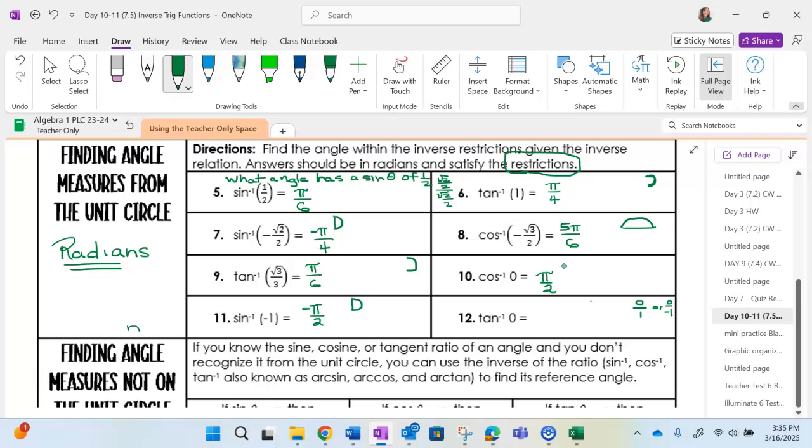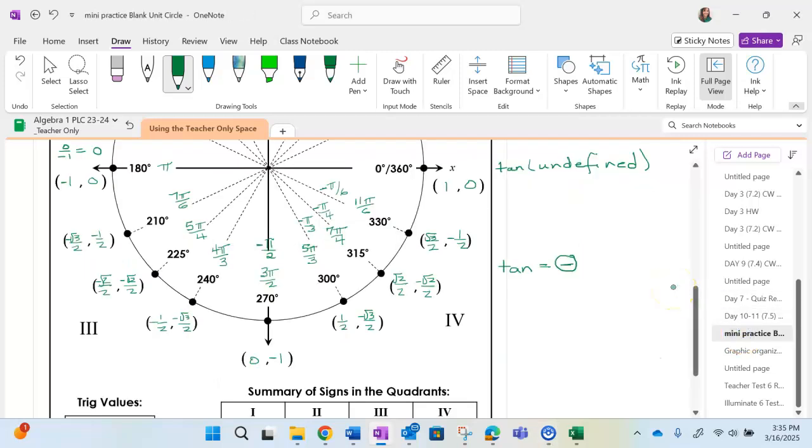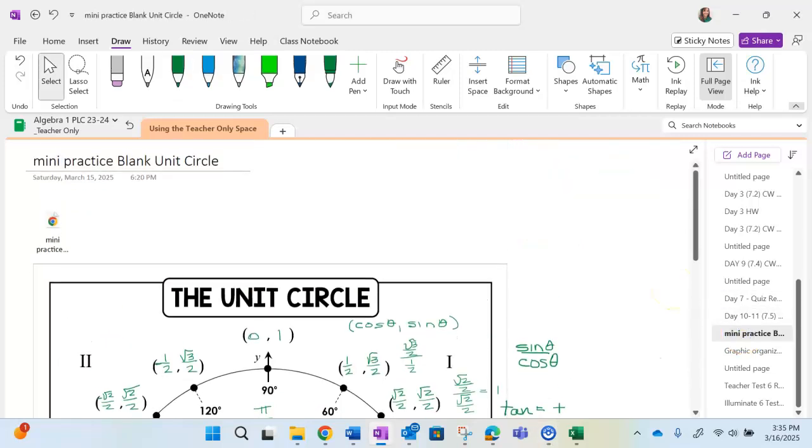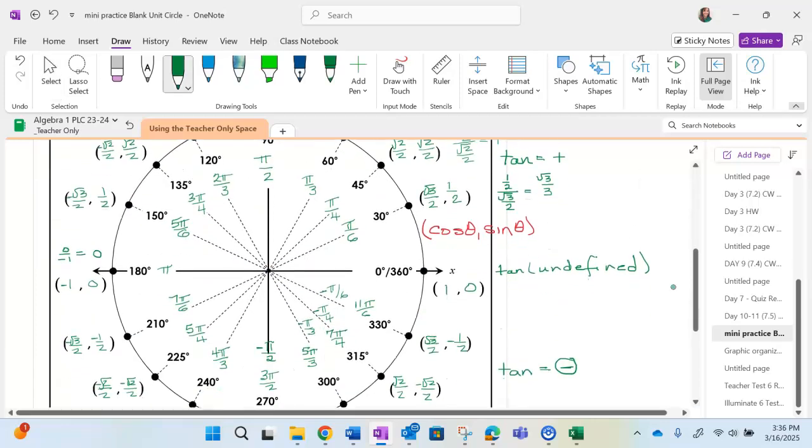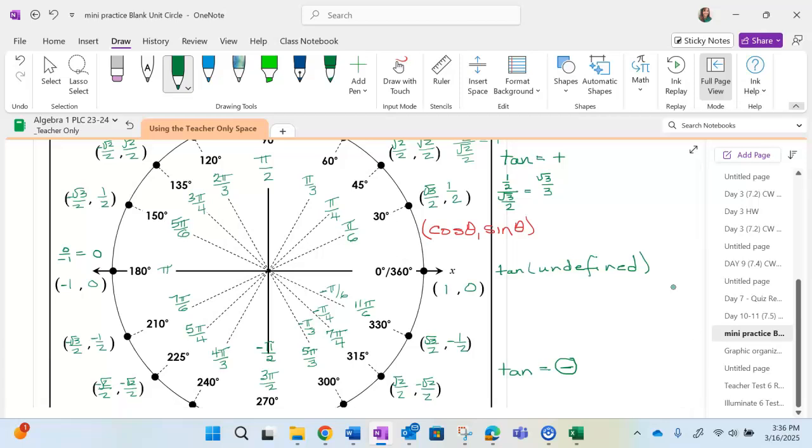Remember, though, tangent are these two. It can do pi over 2 or negative pi over 2. So let me go back to our mini circle. So the tangent, oops, went too far. Here we go. The tangent at 0 would be 0 over 1.